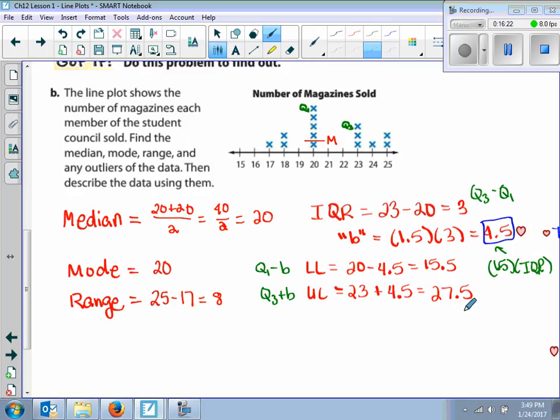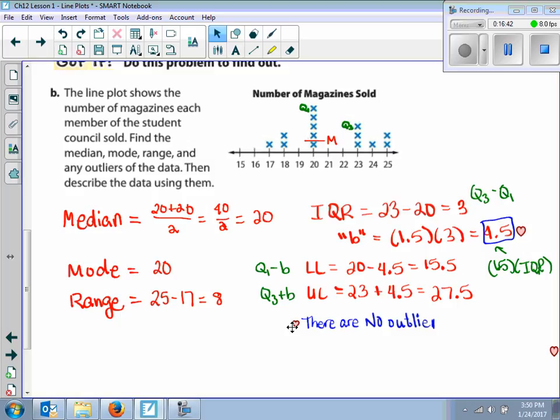So those are the upper limit and the lower limit. Now we need to ask ourselves, do we have any numbers that are beyond those limits? Since we don't have any numbers beyond, then we have no outliers.